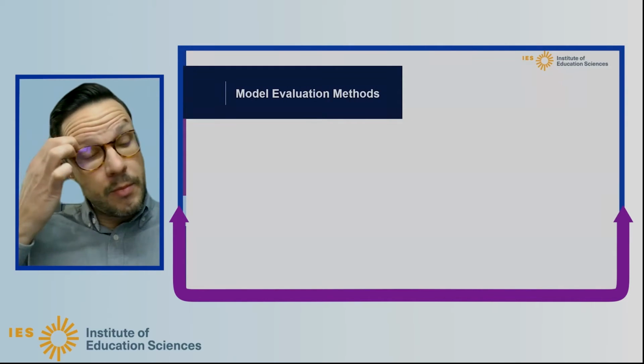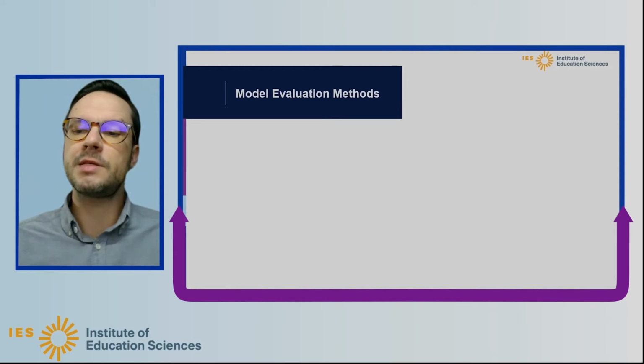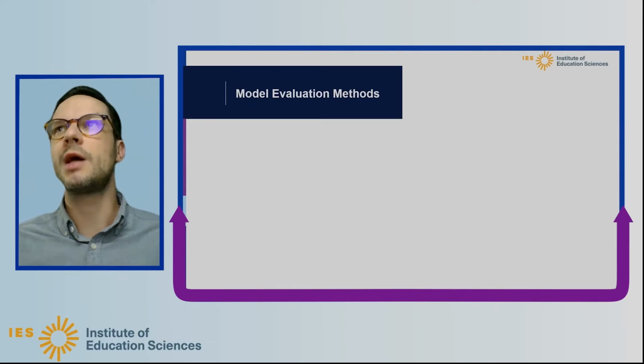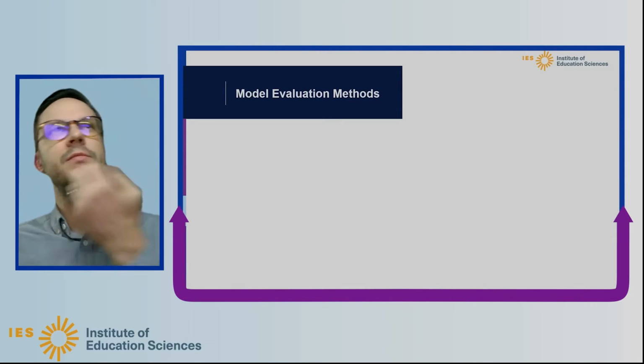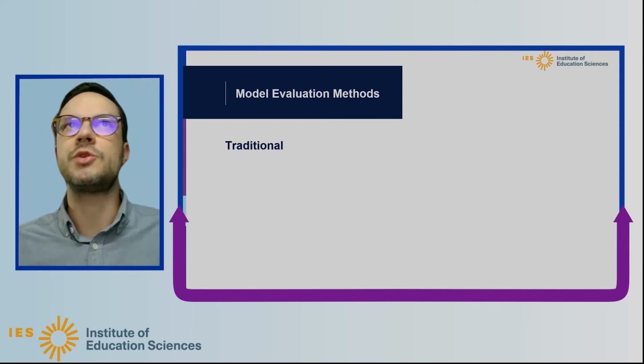Because we have these different ways of evaluating complexity, we have different methods of evaluating models, we need to consider the pros and cons of varying perspectives on model evaluation. We have what I'm calling the traditional view.